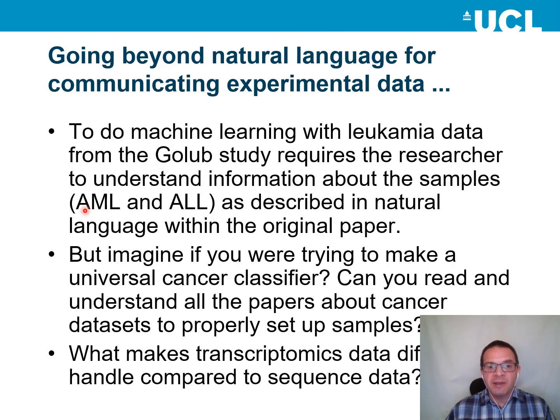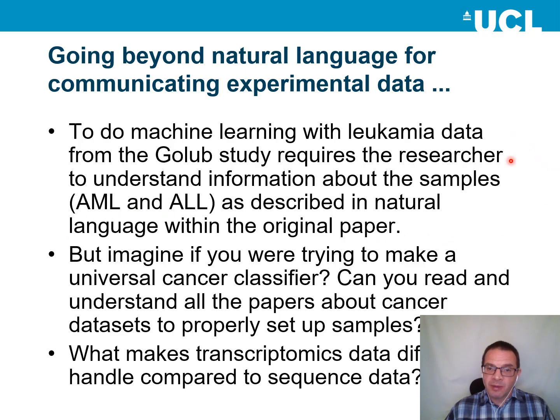The whole idea of developing data standards was to make omics data transferable between experiments and to also make it transferable between data processing techniques. So in Golub's time, 1999, you basically read the paper to find out what the experiment was about.